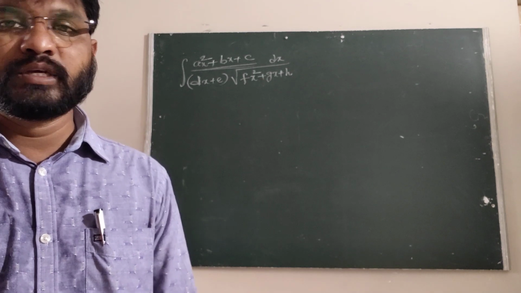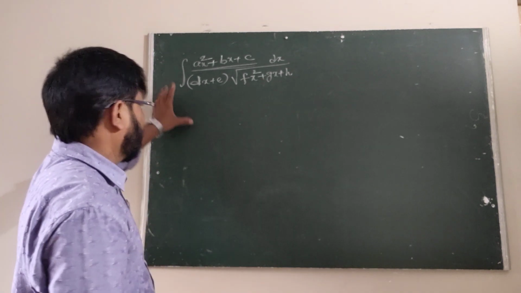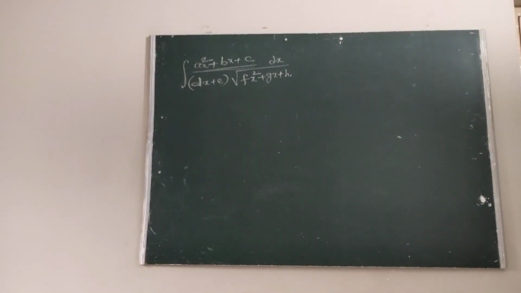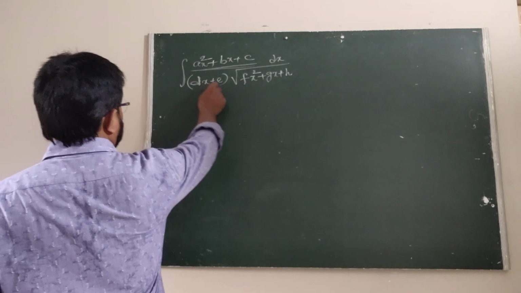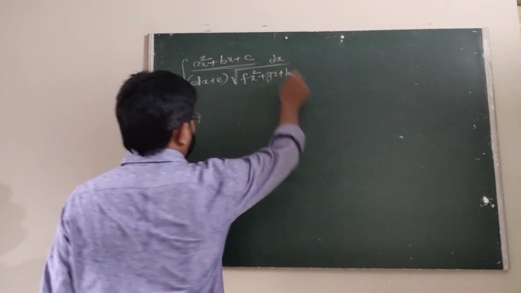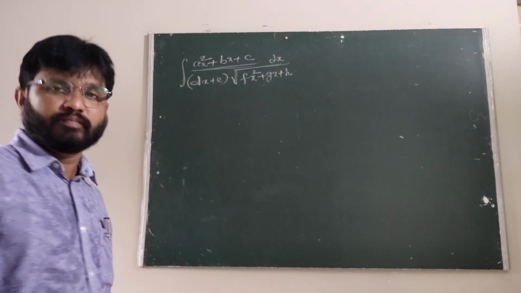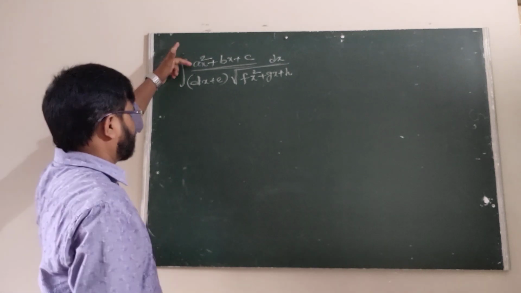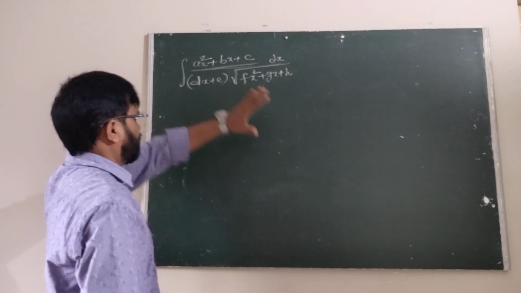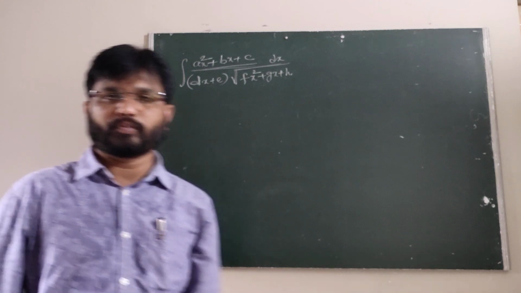Is it clear? Therefore here ax² + bx + c dx upon (dx + e) under root of (fx² + gx + h). This is the quadratic expression, this is the linear, and the under root part is also a quadratic expression.